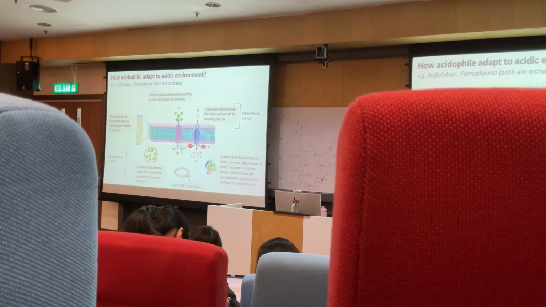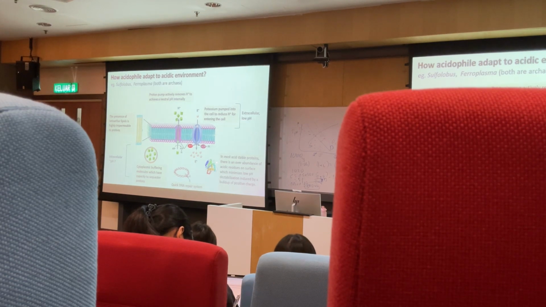And here, similar to the alkaliphile, the acidophile also has proteins with acidic residues present on the surface, so that they can interact with the hydrogens, which makes them more stable.